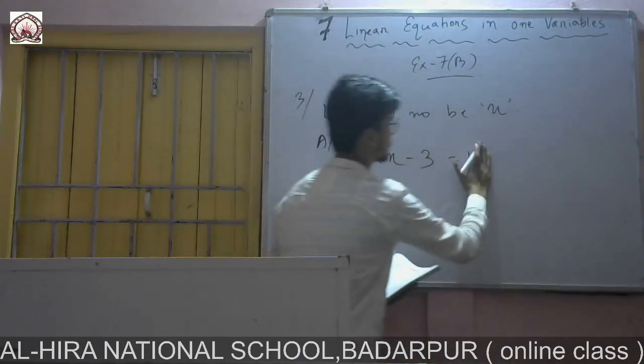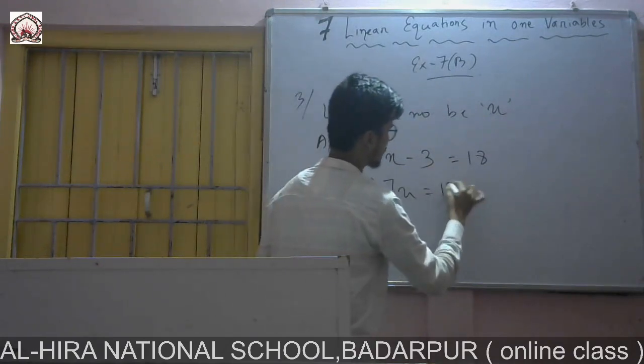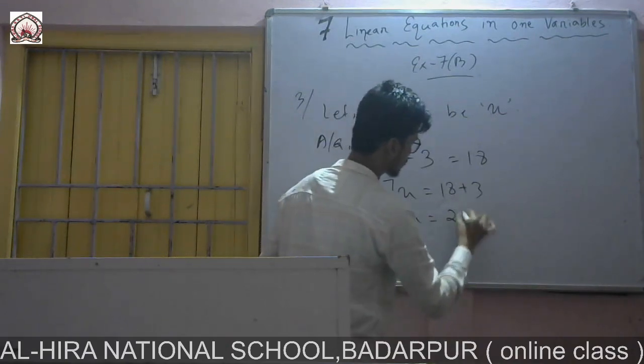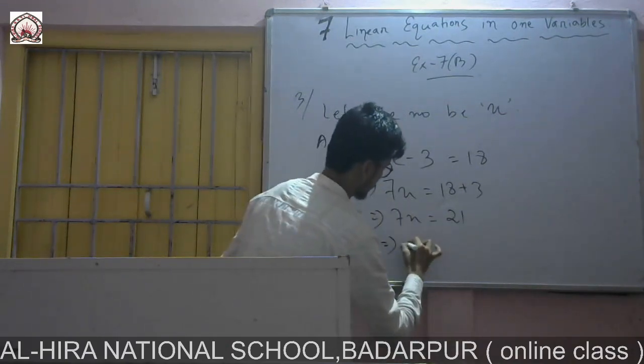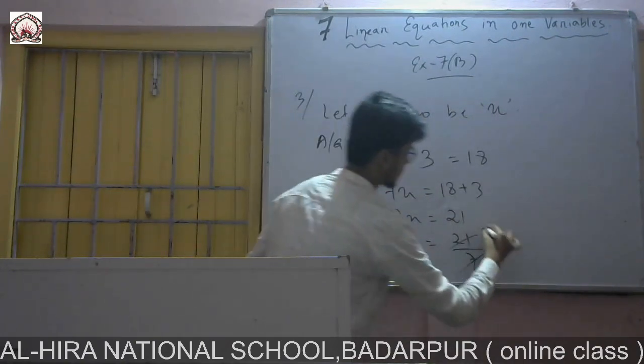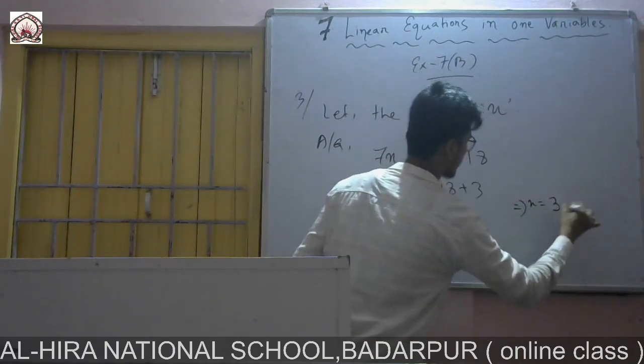So if I solve this one, 7x minus 3, if I change the side it will be plus 3. 7x equal to 18 plus 3 is 21. X equal to 21 by 7. If I cancel 7 3s are 21, that means the value of x is 3.